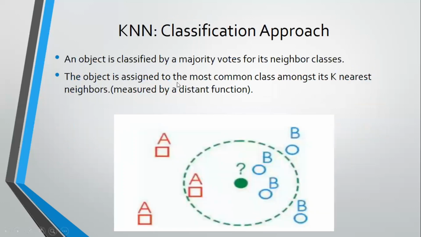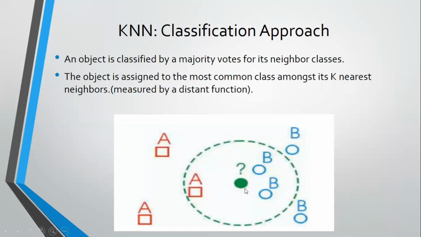If you are applying KNN for classification, how do you classify a new data point? We use the majority vote of its neighbor classes. Say we have two classes of data, class A and class B, and you have a new data point in your hand. You have to find whether this new data belongs to class A or class B. Here we have to fix the K value, that is, the number of neighbors we are going to consider for this classification.